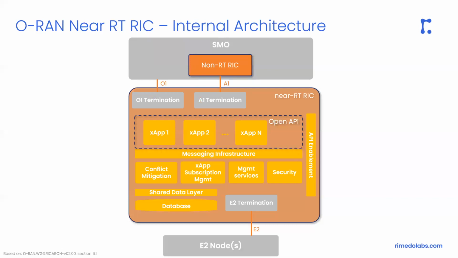There is a messaging infrastructure so that the data, the measurements, could be shared between the different xApps. The same type of data could be shared between the different xApps. And then there is this conflict mitigation function, which is a very important entity because it allows the xApps to be controlled in a manner that we don't have contradicting actions from different xApps, for example, controlling the same handover algorithm.